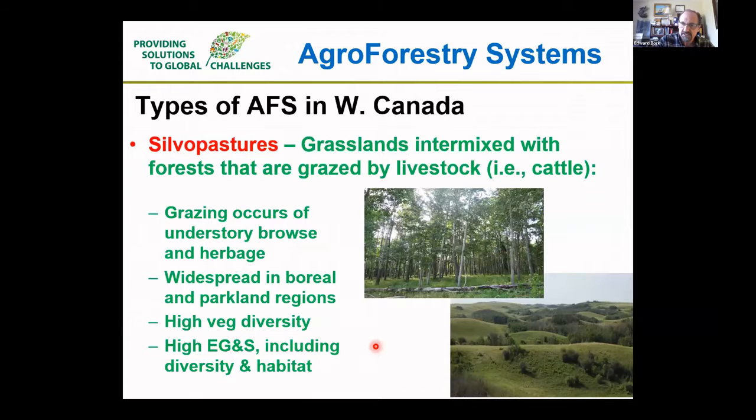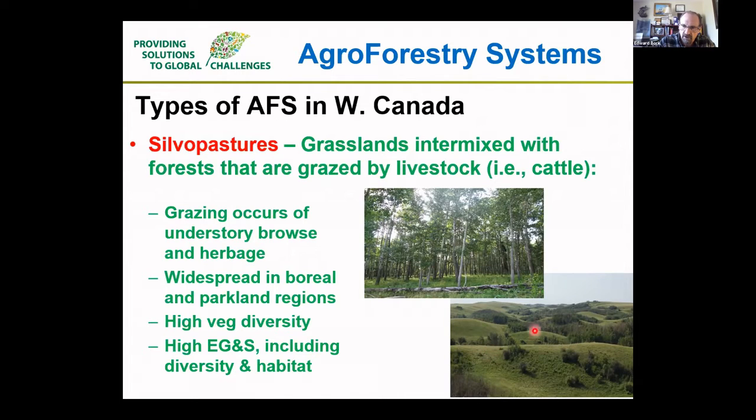Okay, the third type of system, which actually, when you look at the aerial footprint, happens to be the most common one, at least in central Alberta, is a system that we call silvopastures, which are inherently grasslands, so perennial grasslands intermixed as a mosaic across the landscape with different forest community types.